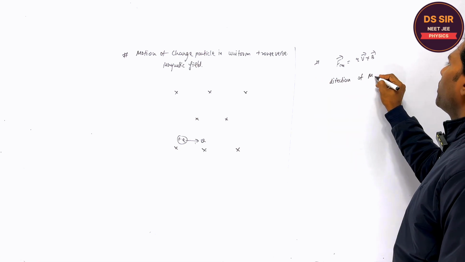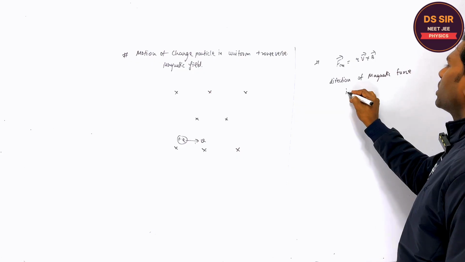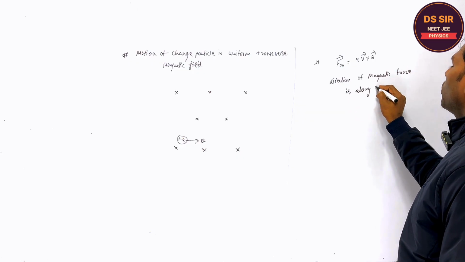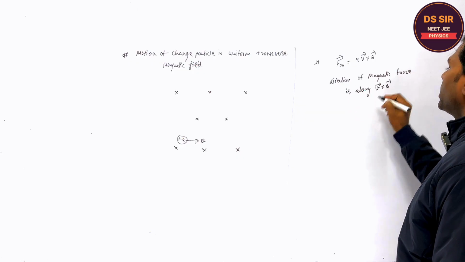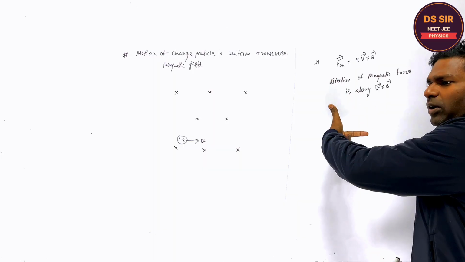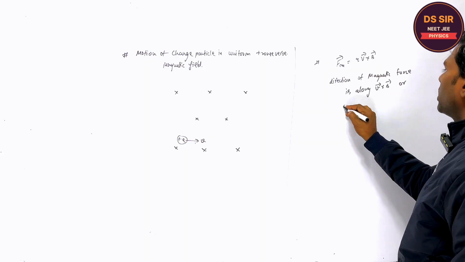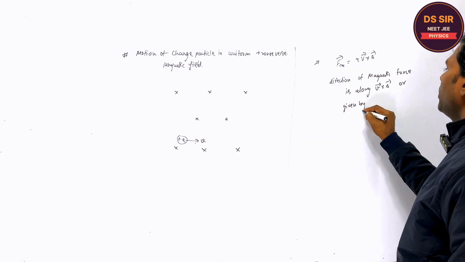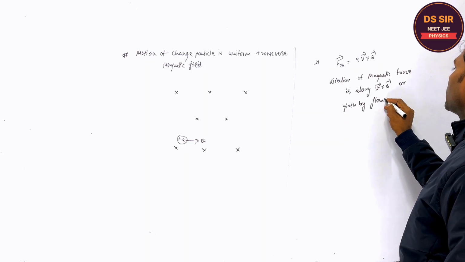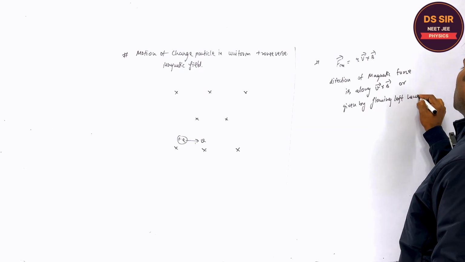The direction of magnetic force is along v cross b, or given by Fleming's left hand rule.